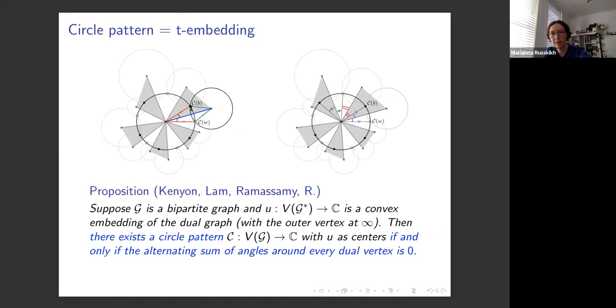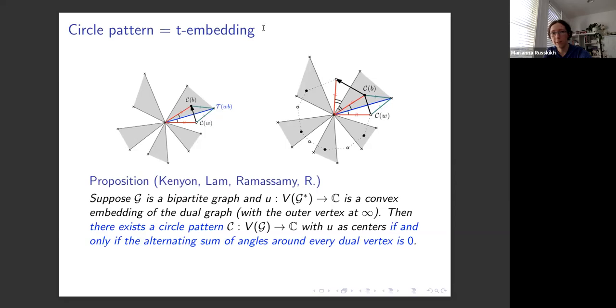Note that the intersecting points of two circles are symmetric with respect to the center line, right? Therefore, those two angles are the same. And now if we consider the next two circles and so on, we clearly obtain that the sum of all black angles around one vertex is the same as the sum of all white angles. Therefore, the centers of each circle pattern satisfy the angle condition.